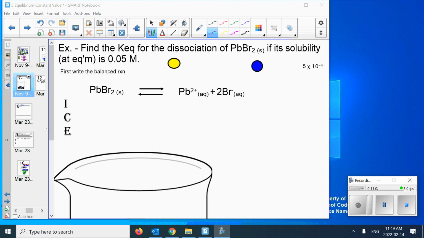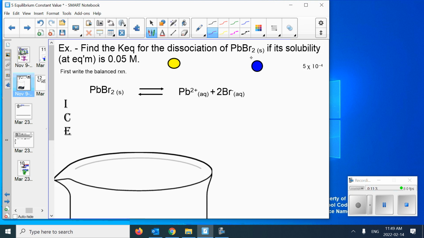We're told the solubility at equilibrium is 0.5 moles per liter, but I don't tell you it specifically for any chemical. First, write the balanced reaction. Now, how did I do this? I had to use an ion chart because I didn't tell you that PbBr2 has a charge of 2 plus for the Pb and Br minus. So use the ion chart if you're not familiar. I've got a 2 in front of the Br negative.